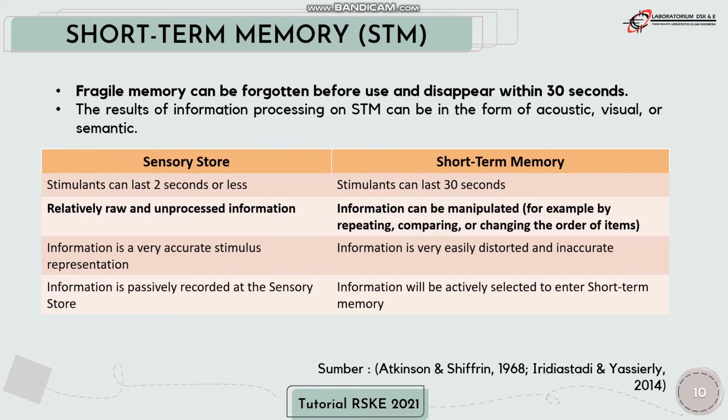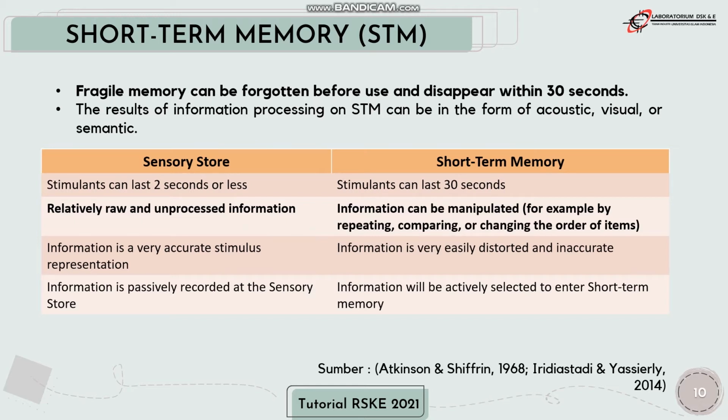Okay, the difference between sensory store and short-term memory. Sensory store stimulants can last 2 seconds or less, with relatively raw and unprocessed information. Information is a very accurate stimulus representation. Information is passively recorded at the sensory store.